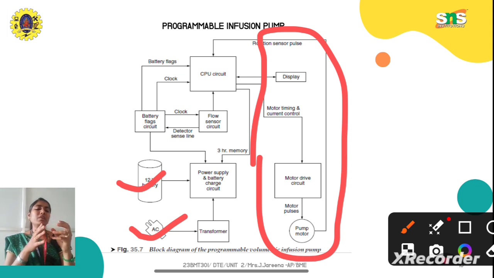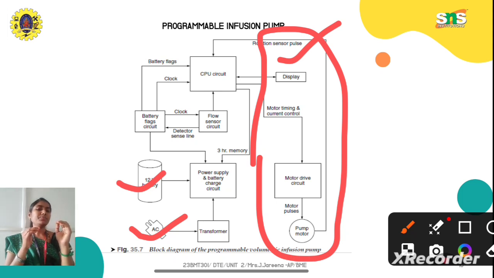So what is the feedback loop we have implemented? We have a sensor, a rotation sensor pulse. This rotation sensor will keep sensing the motor rotations, and that signal is sent to the CPU unit. Here comes the role of the feedback control system. The CPU is already programmed with threshold limits for every parameter.